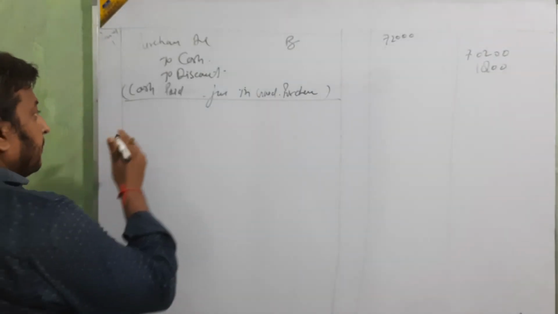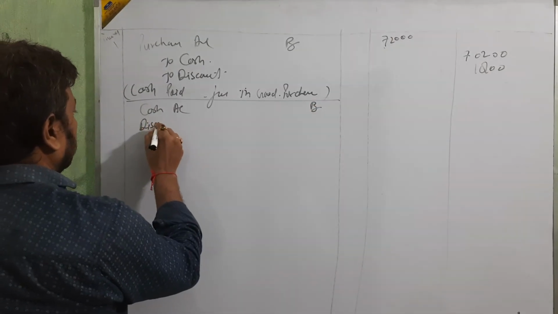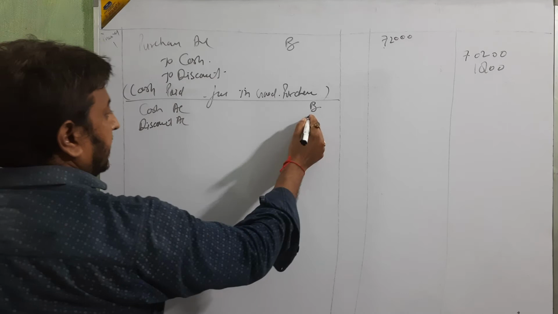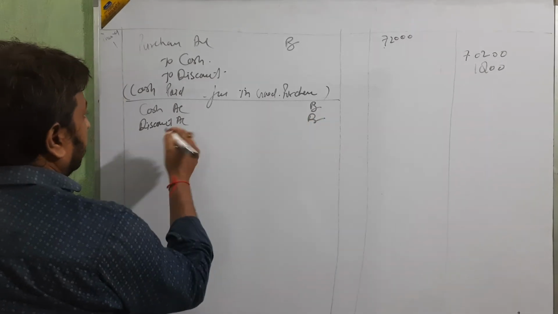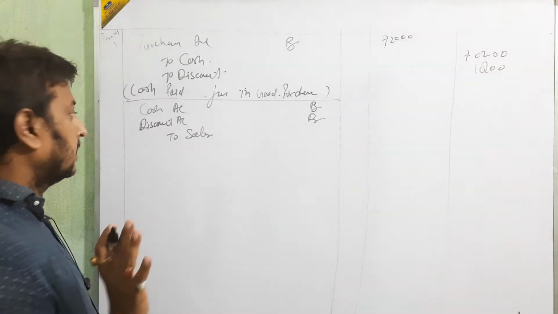here. Okay, then we are receiving cash, then Cash Account Dr., Discount Account Dr. because we are giving the discount, and Sales. Okay beta, is it clear or not?